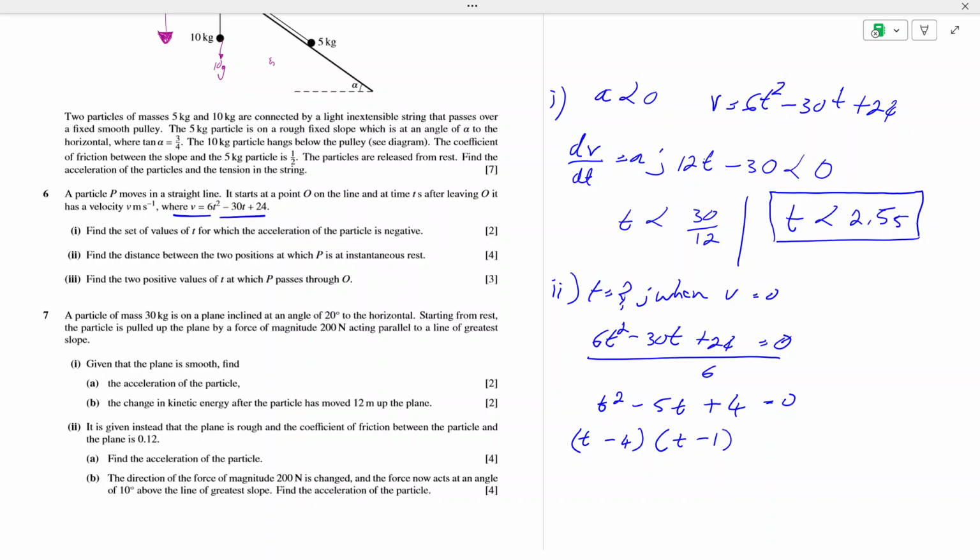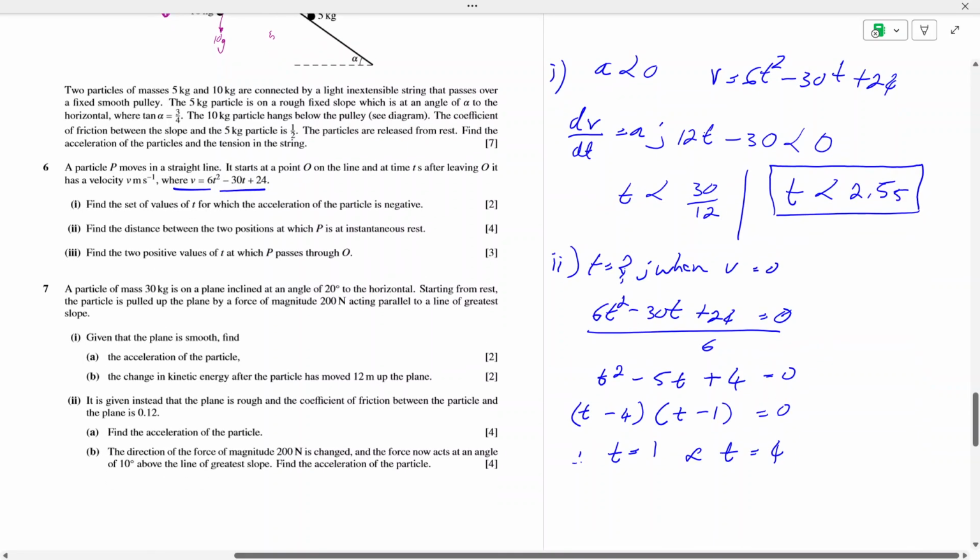If you add them, you get negative 5. Therefore, you have t is equal to 1 and t is equal to 4, right? And those are the two times when p is at instantaneous rest.